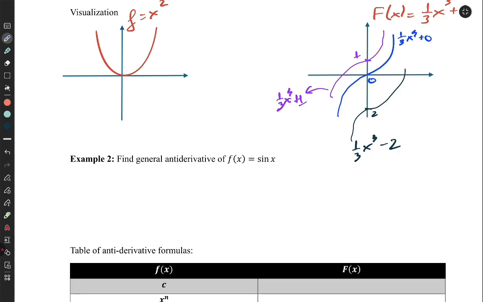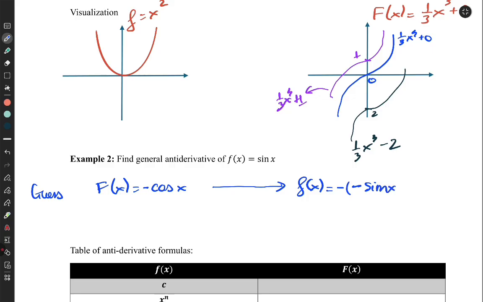So let's say we guess cosine. We take the derivative right away. That would be negative sine. But we want the positive. So how do we have the positive? We just have negative of negative. That would become positive.